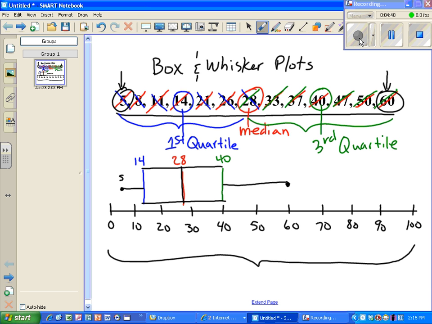Now, what you'll notice here is not everything is equal. Our first quartile, our first quarter, which is this right here, that little section represents 25% of my data points, just in that little spot. This section over here is my fourth quartile.